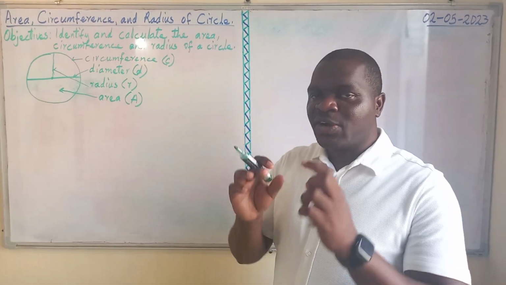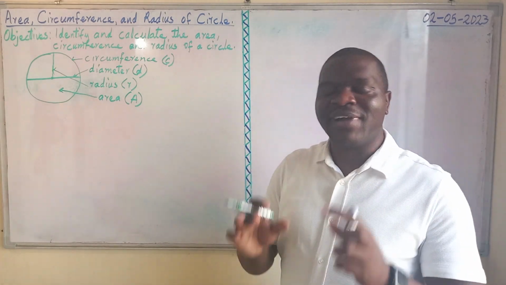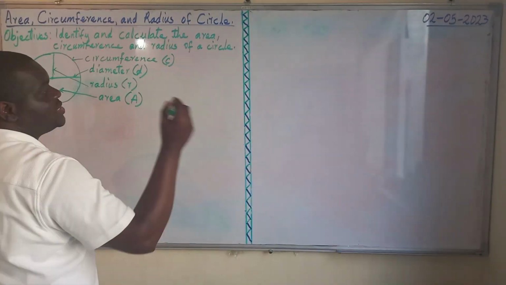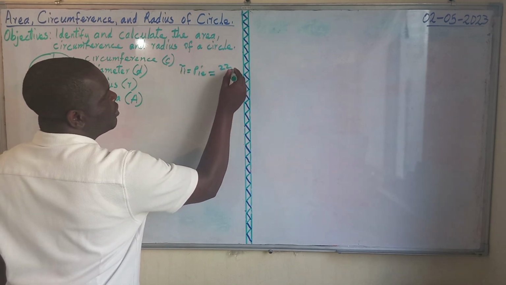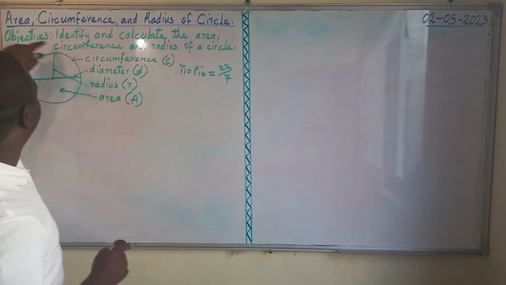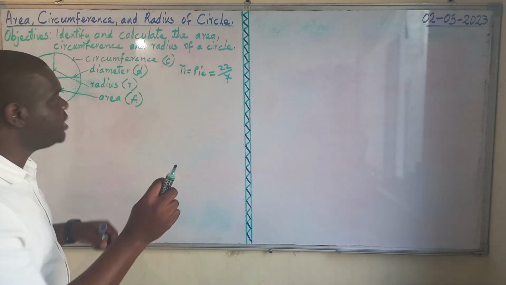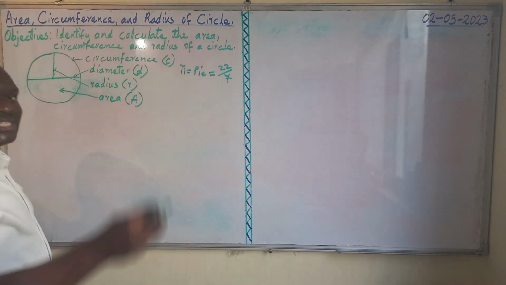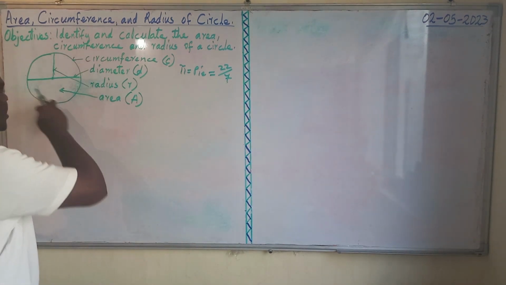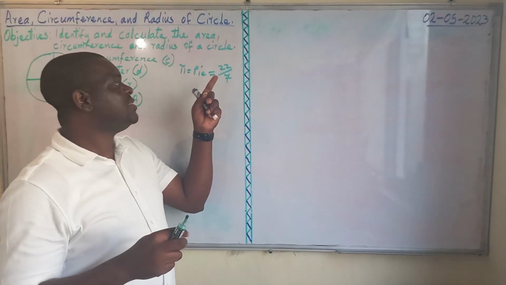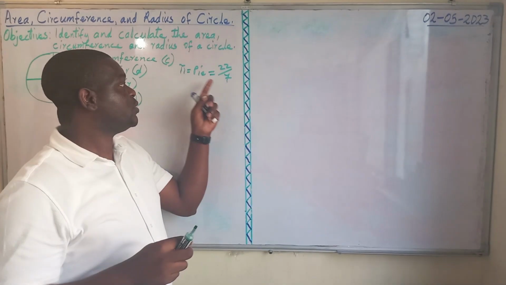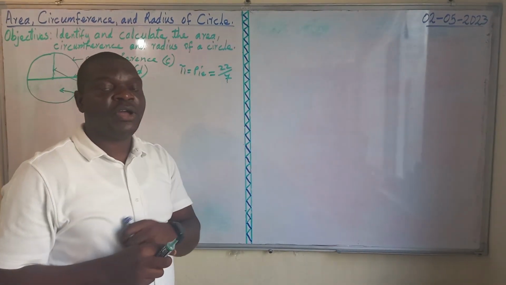Let's look at other constants that we must take note of as far as circles are concerned. In circles, you will hear of pi, which is 22 over 7. The circumference is a little bit more than the diameter 3 times. So if you take the circumference and divide by the diameter, it gives you approximately this fraction. So that is why we have pi to be 22 over 7.